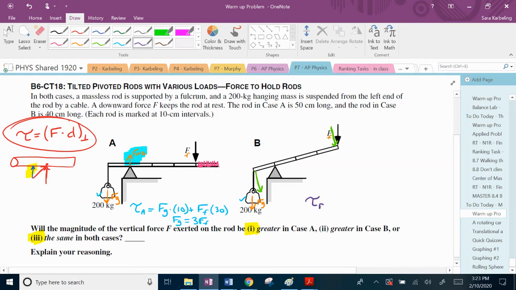The torque for B is Fg perpendicular times 10 plus Ff perpendicular times 30. How does Fg perpendicular compare to Ff perpendicular? 3 times Ff perpendicular?